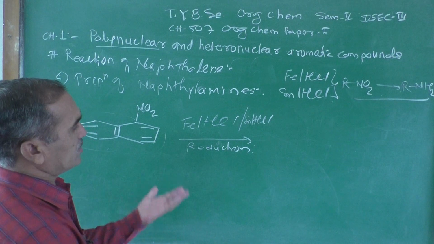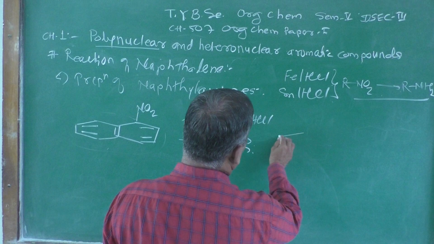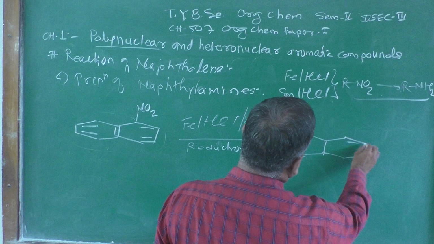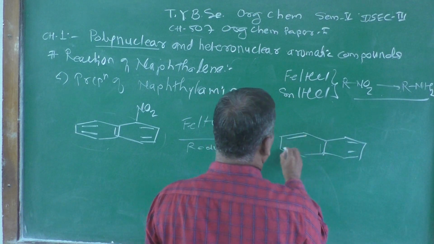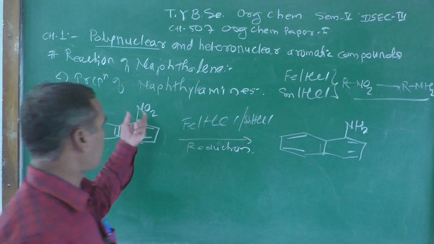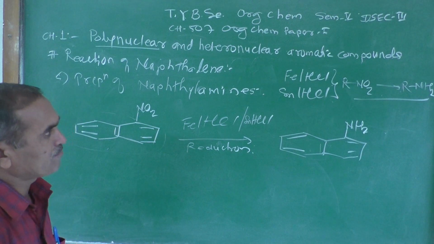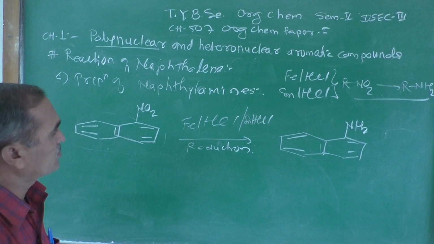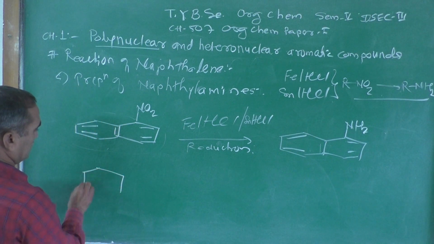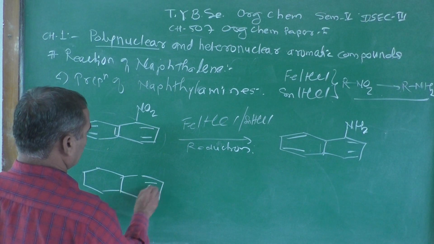These are the two alternative reagents, the industrial process used for the preparation of alpha naphthylamine. So this is one way of the preparation. If the nitro group is at this position, we will get the corresponding naphthylamine.